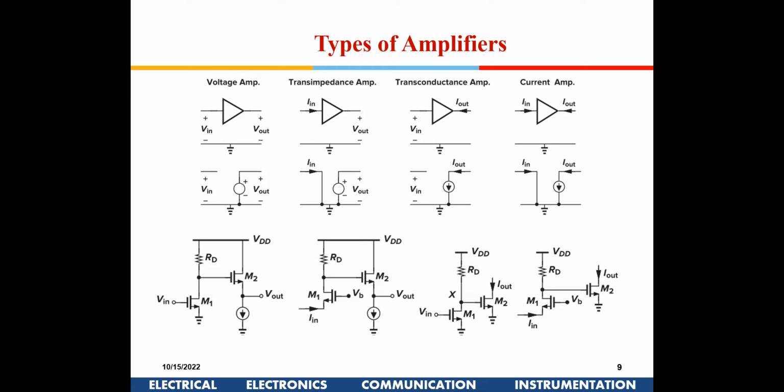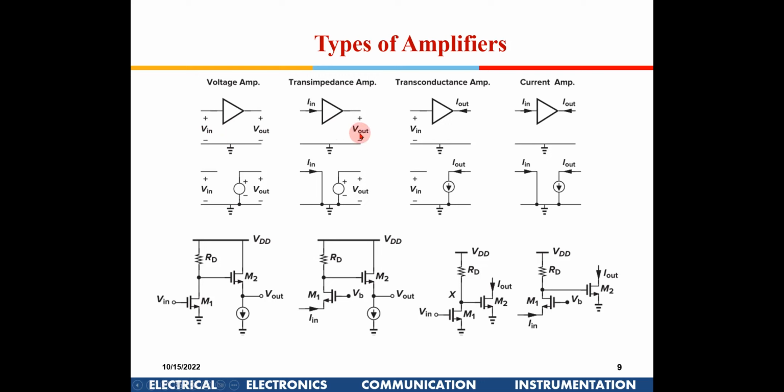No. Transimpedance means, trans means transfer. Impedance means the ratio between V out by V in is an impedance or a resistance. Impedance is a general term for resistance, right? V out by I in. Here how do we specify the gain? We say voltage gain, V out by V in, right?